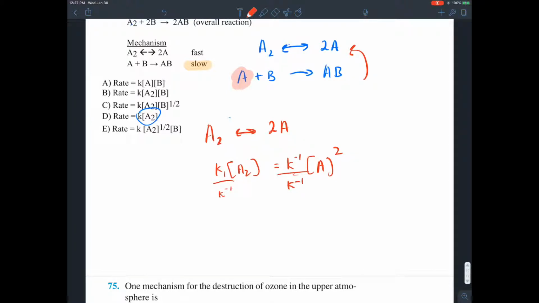And what I can do then, once these cancel, is solve for just one A, because the whole idea of what I'm doing right now is that I want to replace this A that's in the intermediate spot up here with something else, because the A is an intermediate and I don't want it in my overall reaction because it wouldn't reflect what's actually true. The overall reaction at the end does not have that A, so we need to replace it with something else.